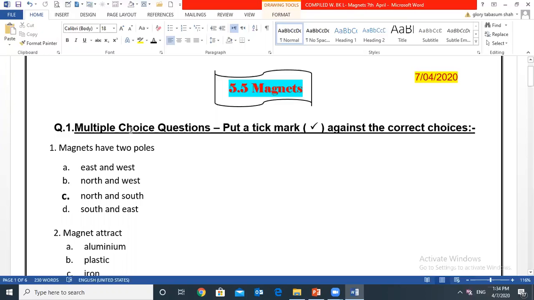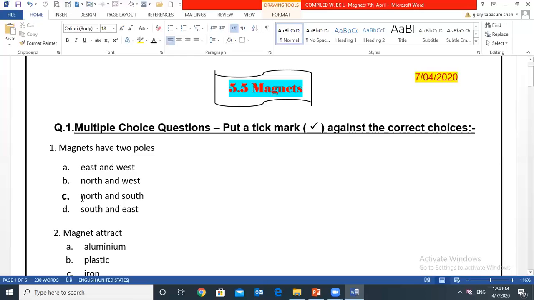Question number 1. Multiple choice questions. Put a tick mark against the correct choices. Magnets have two poles. A. East and west, B. north and west, C. north and south, D. south and east.